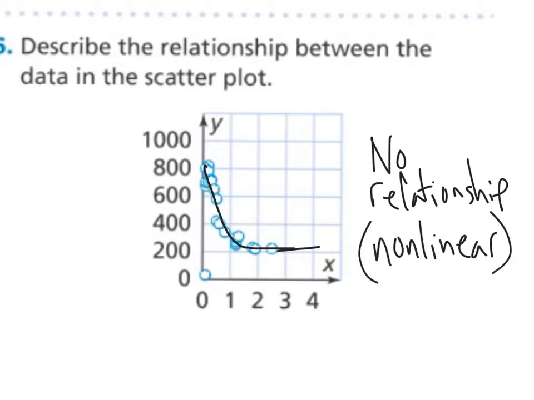Okay, it's not really making a straight line here, so you could possibly argue for a weak negative somehow, if you really tried to get this to work. But like I said, that end part where it's just really leveling off right at about 200, that's kind of giving a hint that this is actually going to be nonlinear and no relationship.